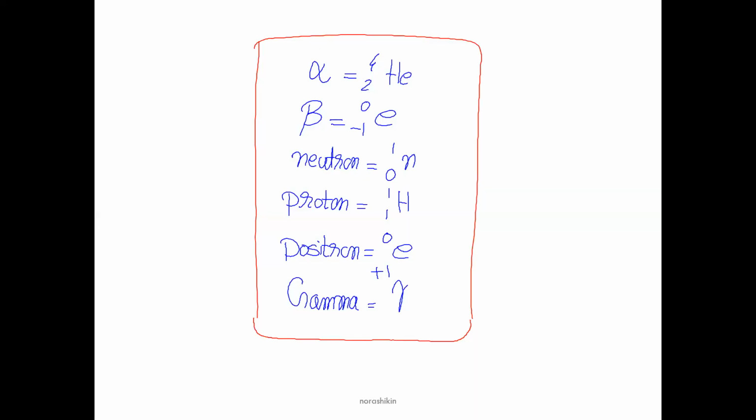These are the particles, alpha, beta. What you have to learn from here are their symbols. Like proton has a symbol in physics, positron has a symbol, gamma has a symbol. So all these particles have a symbol. You have to copy this list.